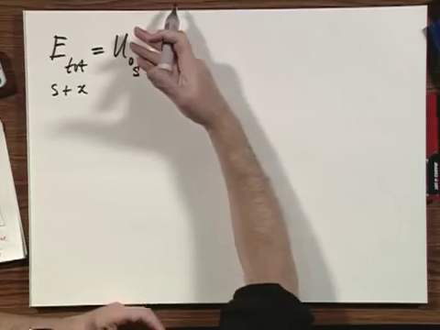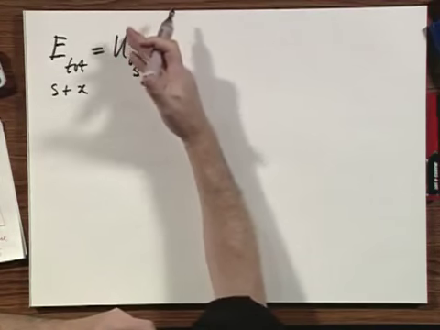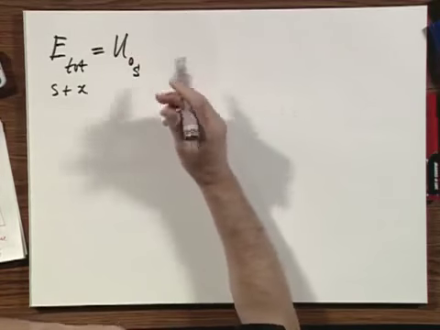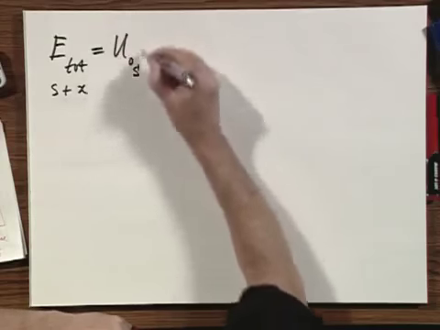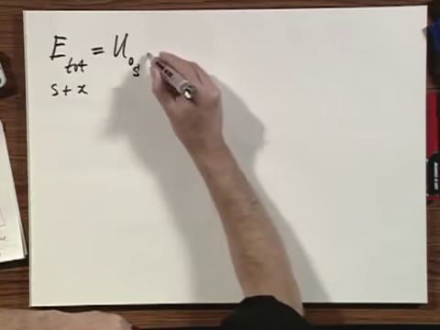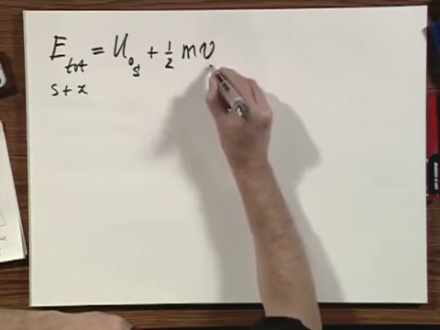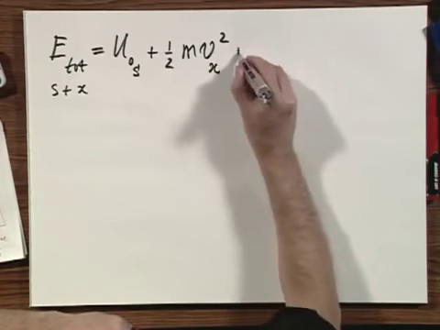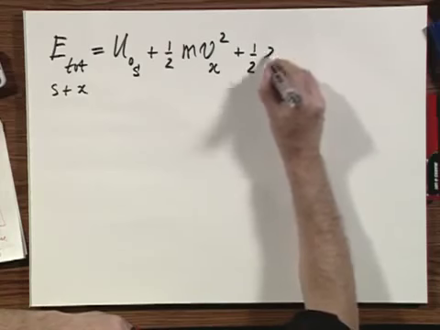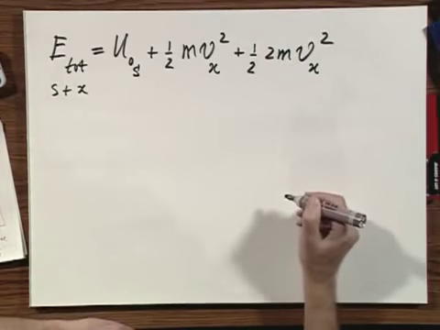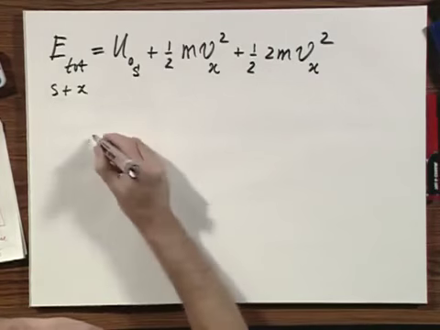Now, at a later moment in time, there may be less potential energy in the spring, but then there is more kinetic energy in the motion of A and B due to the spring. But this is the maximum that there is in the spring. But now I have to add the kinetic energy of motion for A in the x direction, and I have to add the kinetic energy of motion for B in the x direction. And that gives you these two terms.